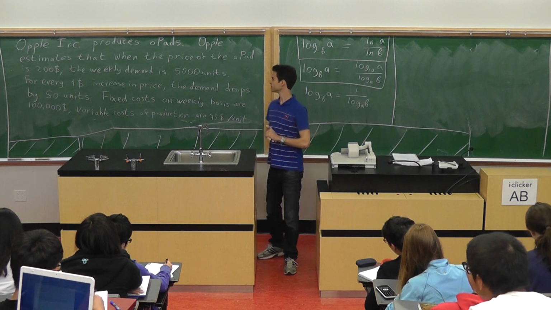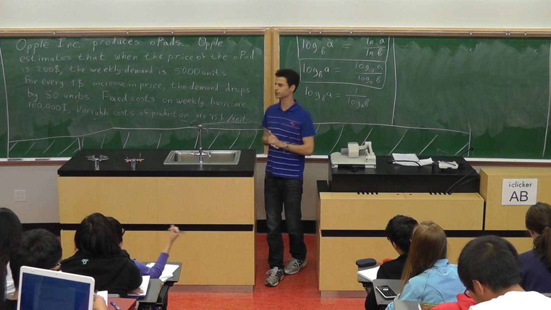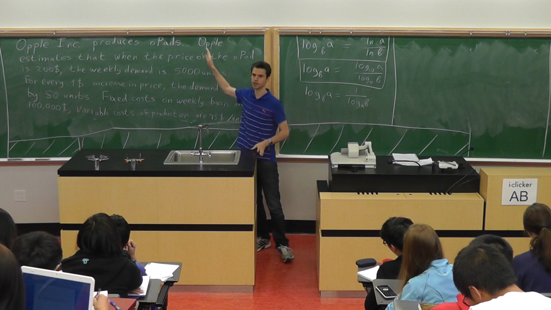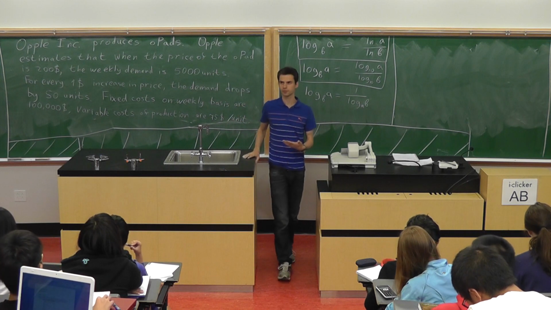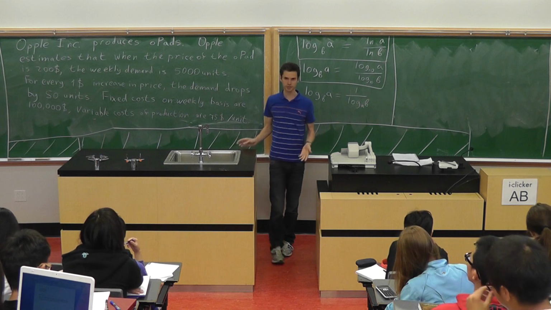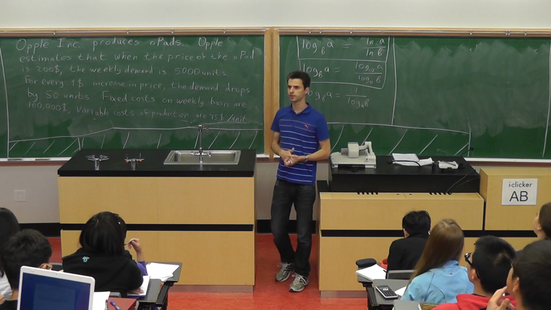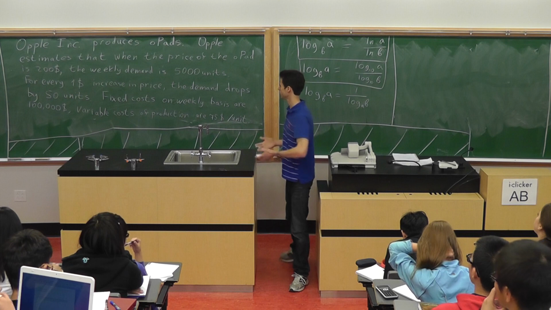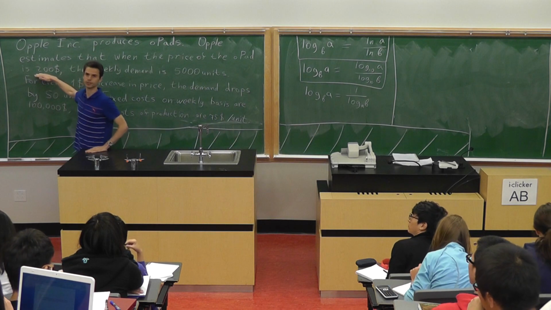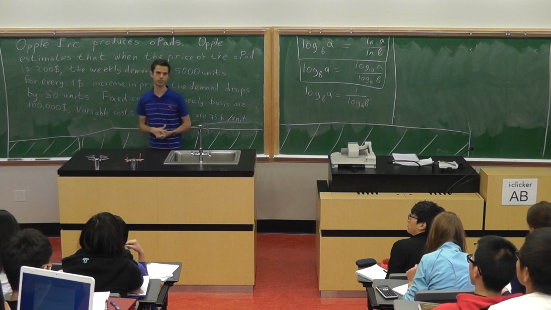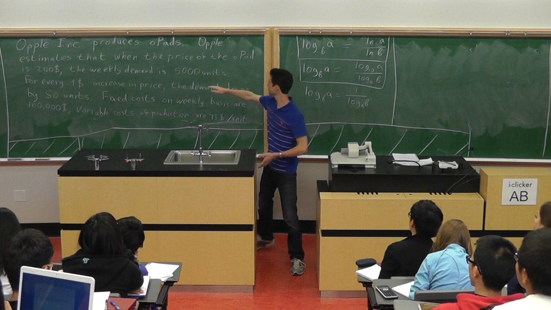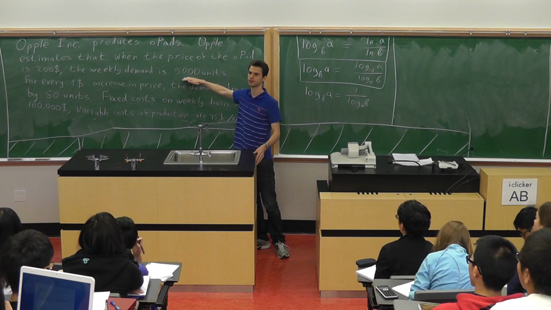So while you're copying, let me just tell a little bit about what the problem is saying. So we have a company, and it produces some product called Opel. And inside of this company, some analysts analyze the market and conclude that if the company tries to sell the product at $200 each, then 5,000 units will be sold.